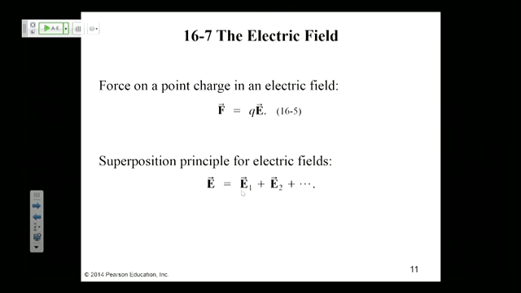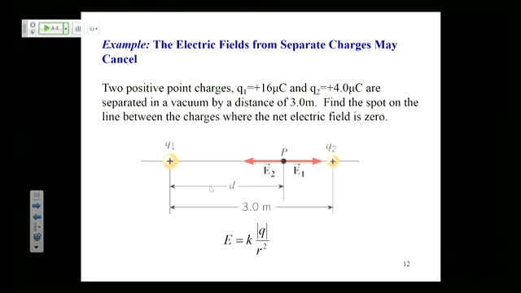You superimpose these fields for various charges in order to get the total field E. Once you determine the total field E, you will be able to calculate the force on any charge within that field.